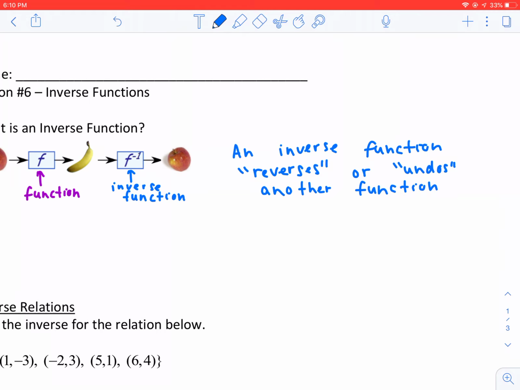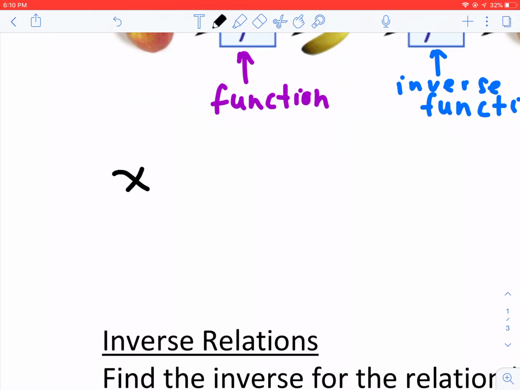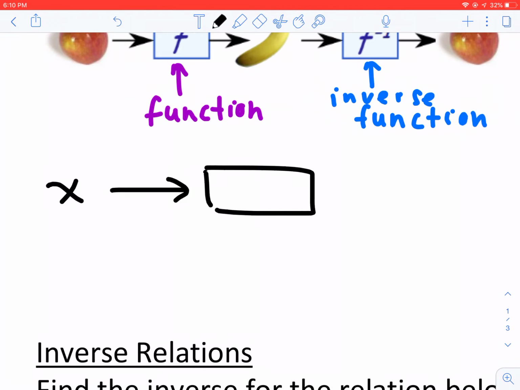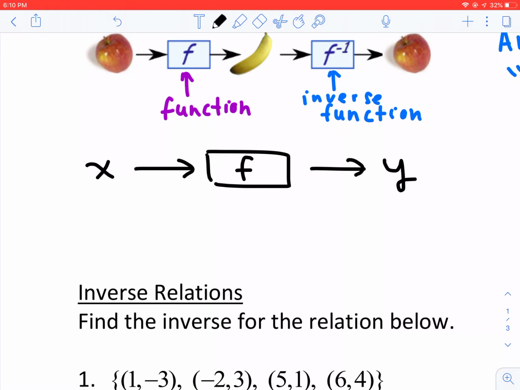So let's do this with, instead of apples and bananas, x and y. So if I take some input x and I input it into this function f, I'm going to get outputs, or y.